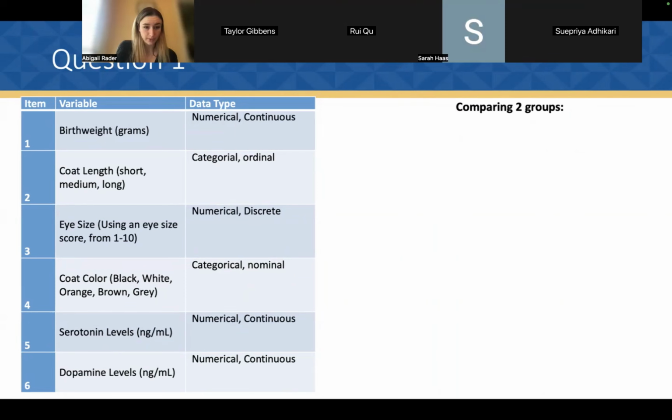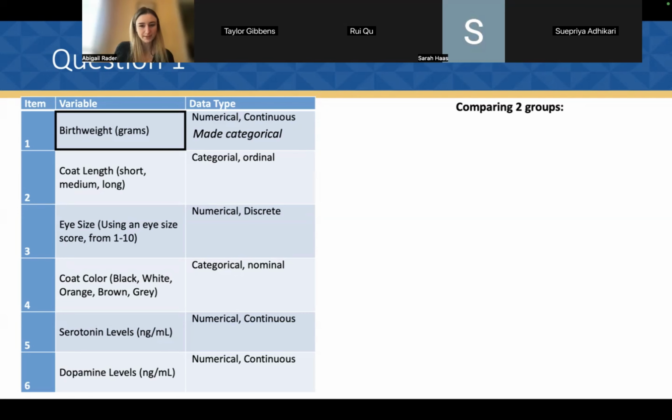So starting out with birth weight, the thing to note here is that rather than it being actual birth weight in grams, it's a categorical variable. So if we have two levels to it, either high or low, what kind of test are we going to use?